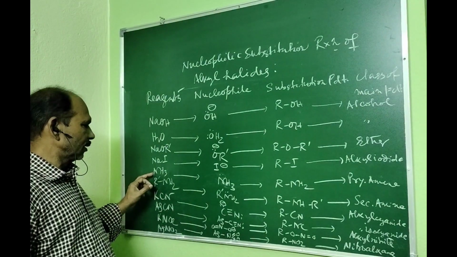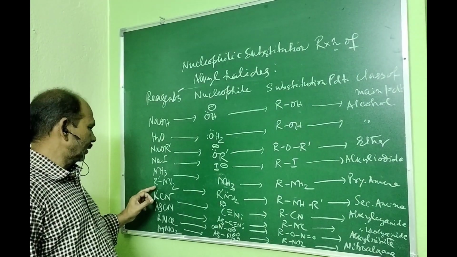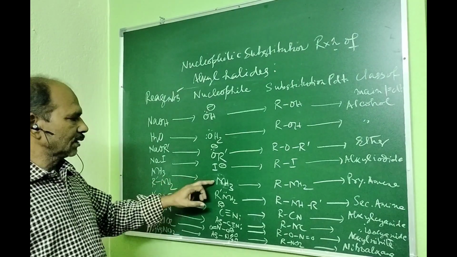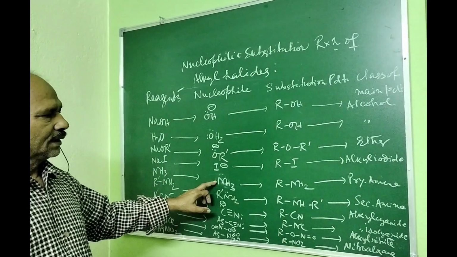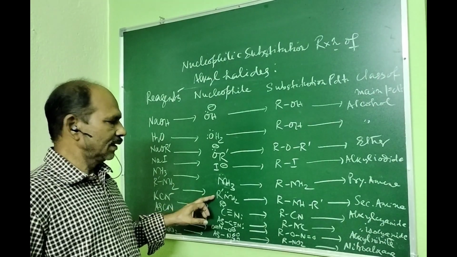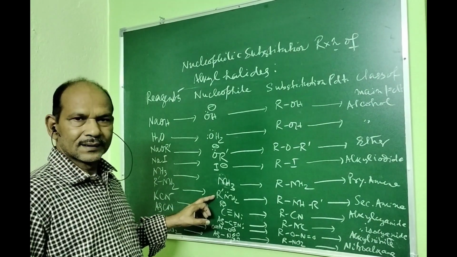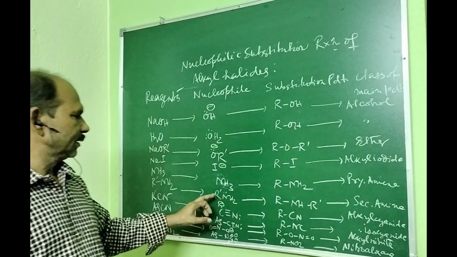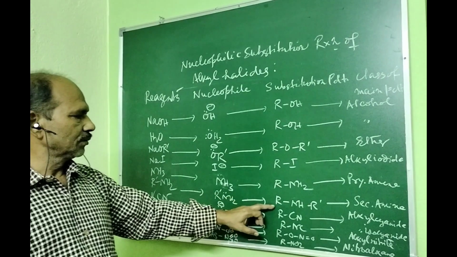Similarly, in the case of ammonia and primary amine. In the case of ammonia as a nucleophile, the product will be primary amine. In the case of primary amine as a nucleophile, the product will be secondary amine. If it is secondary amine, the product will be tertiary.